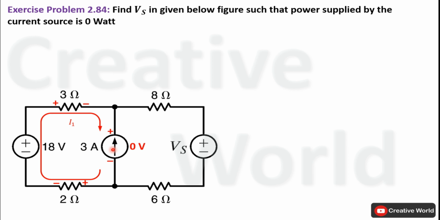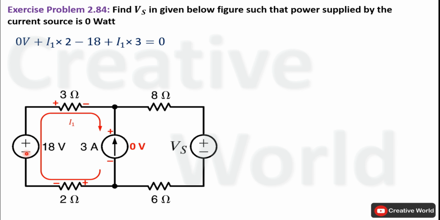Start from here. Current entering terminal is positive, so 0 volt which is appearing across this constant current source will be taken with positive sign. Next is voltage across this 2 ohm resistance, that is the product of current through it, I1, and the value of resistance. Because current entering terminal is positive, I1 multiplied by 2 will be taken with positive sign.